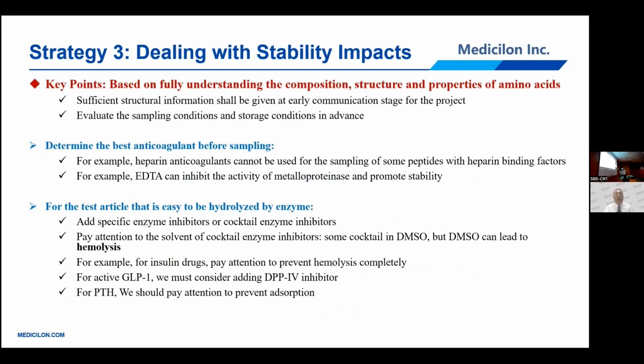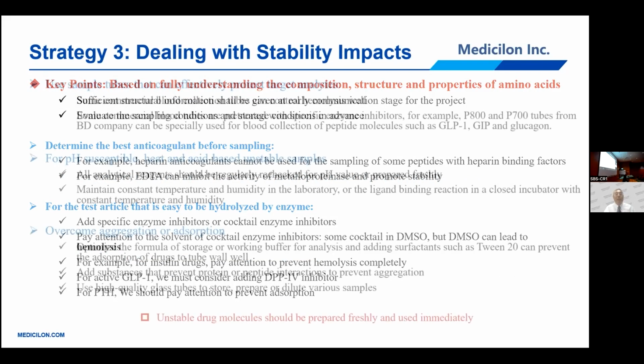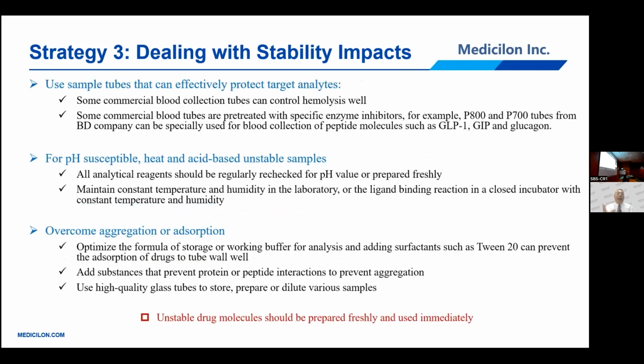For example, we can use heparin anticoagulant to increase the stability, and maybe use EDTA or other agents to inhibit the activity of other enzymes. If we know the instability, we can solve the issue. Further, pH and other ingredients also affect stability, so when we know this, we can easily prevent it.